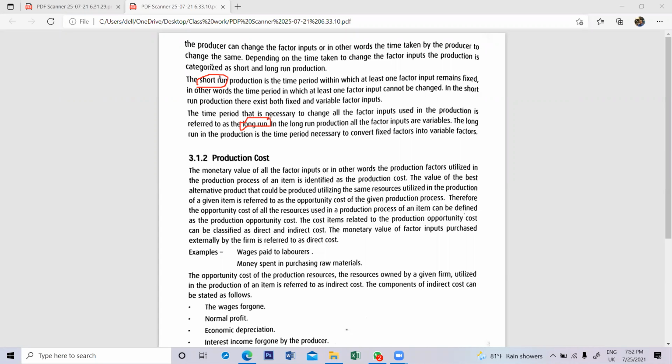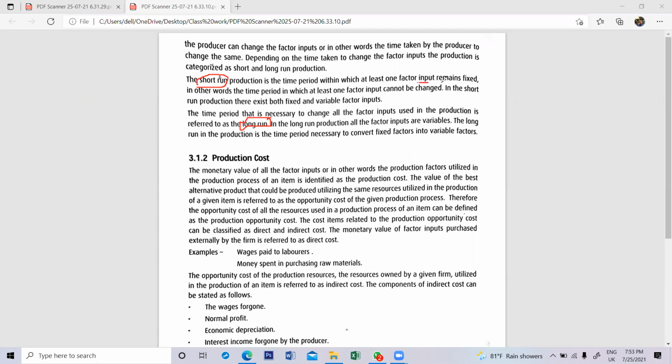So once again, short run is a period where output of the firm is increased by increasing variable factors, while fixed factors like capital are assumed to be held constant. So then it says the short run production is the time period within which at least one factor input remains fixed.